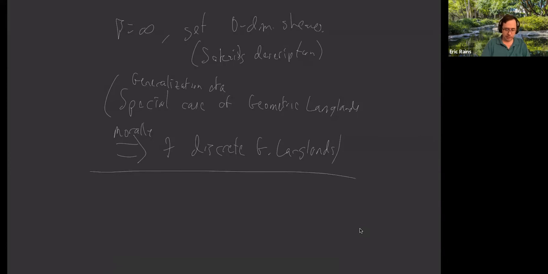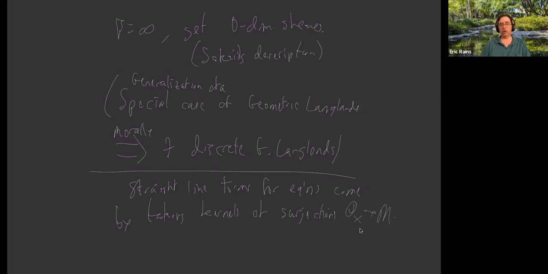So for instance, straight line forms for equations basically come by taking kernels of surjections from the structure sheaf to the one-dimensional sheaf corresponding to your equation, which in non-commutative land is surjective way more often than you would expect from commutative intuition.